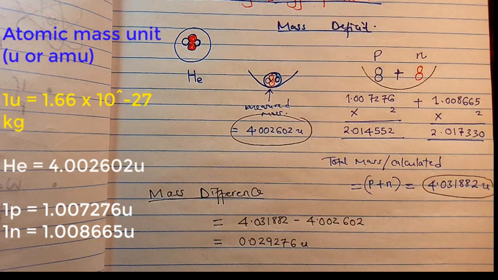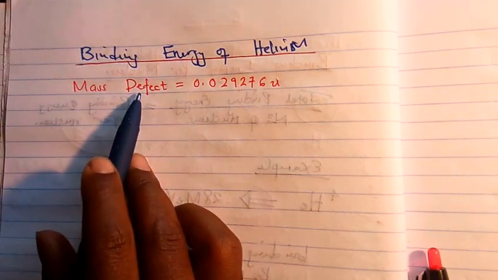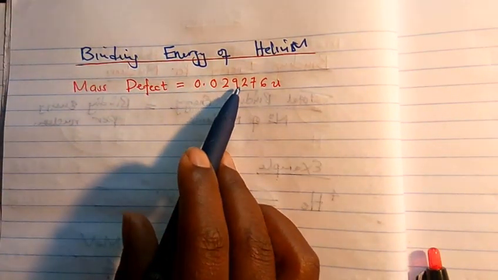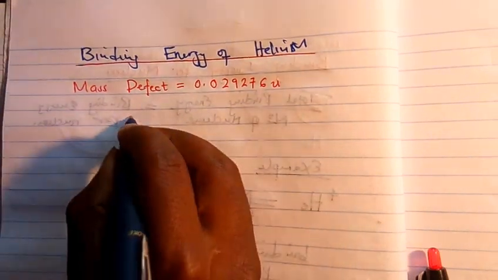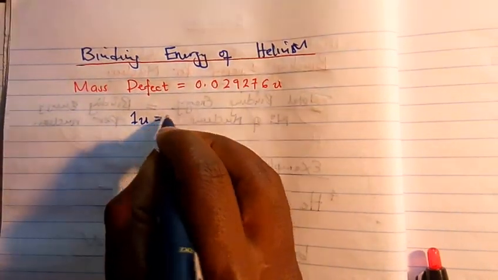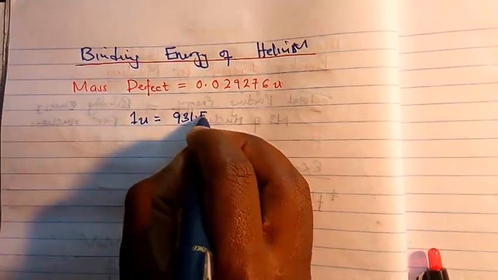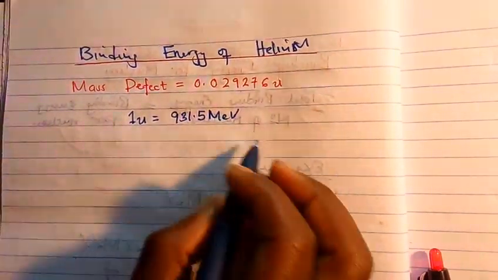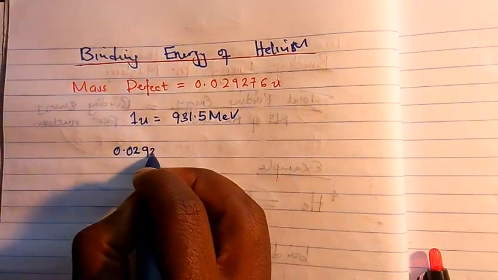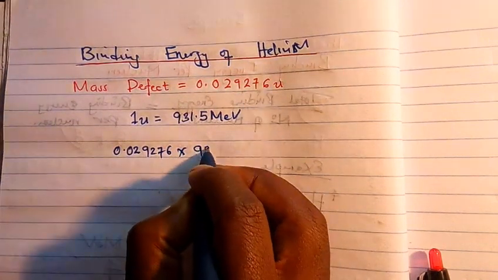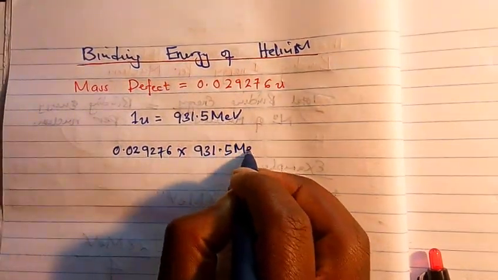Now from there we need to find the binding energy. Having known the mass defect of helium is 0.029276 atomic mass units, and we know the fact that 1 atomic mass unit is equal to 931.5 mega electron volts, we multiply 0.029276 by 931.5 mega electron volts.